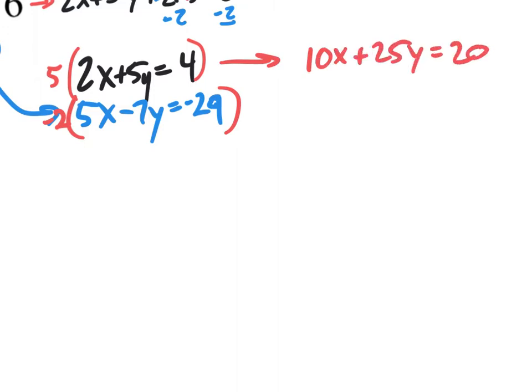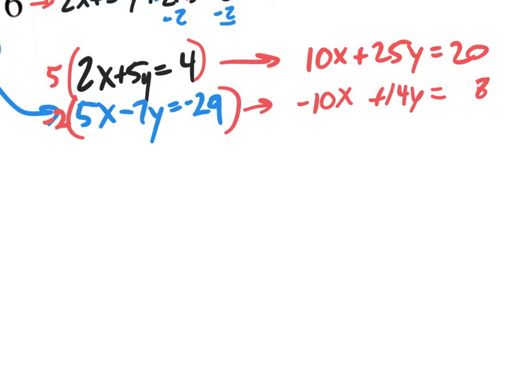The bottom one, multiplying it by negative 2, I'll get negative 10x plus 14y equaling, what's that going to be, 48 positive? Please let me know if I make a mistake because I probably will. I just did. That's 58 positive. Let me erase that. 58.